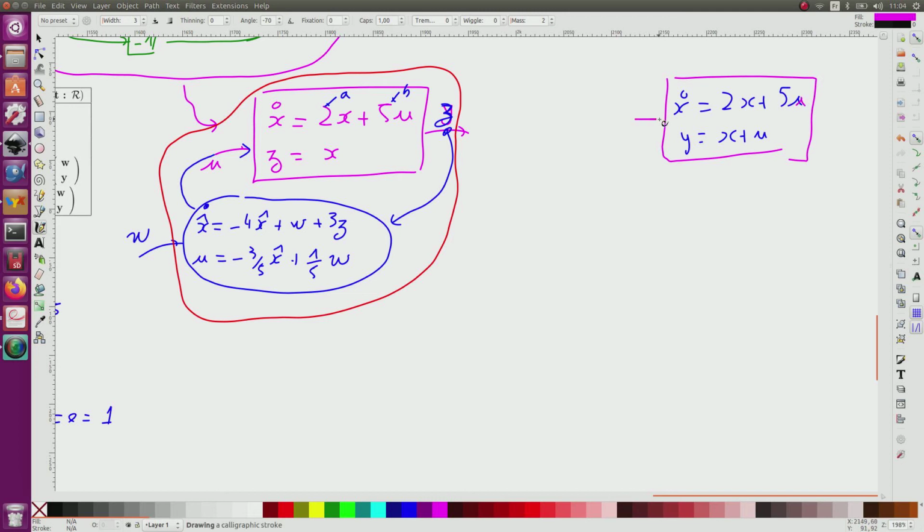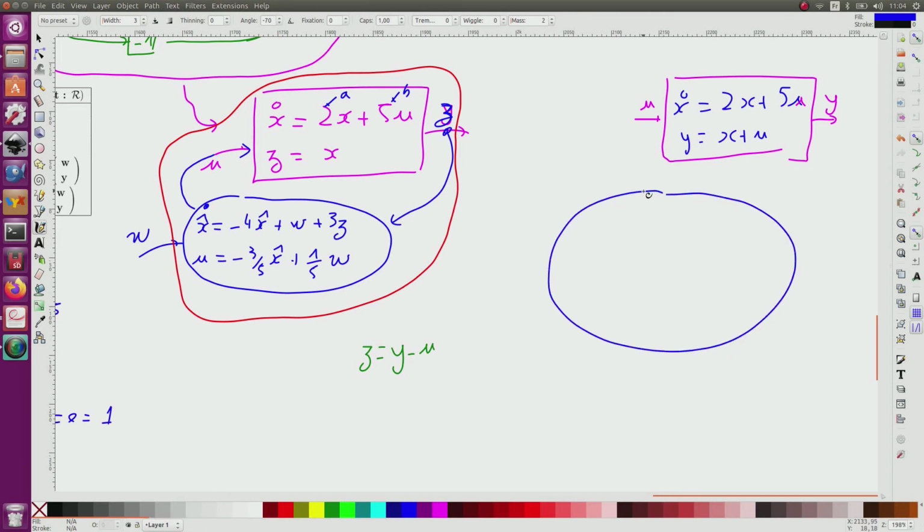Here the input is u, the output is y. Now recall that z is given by y minus u. So in my controller I want to propose, there is no notion of z, and z here has to be replaced by something which depends on u and also other variables that are allowed, such as x hat.